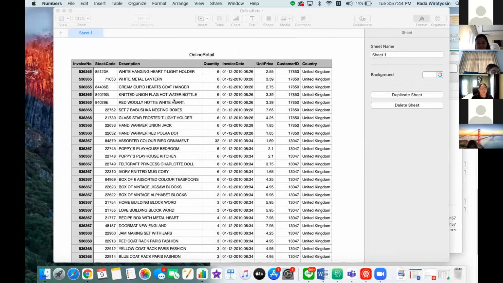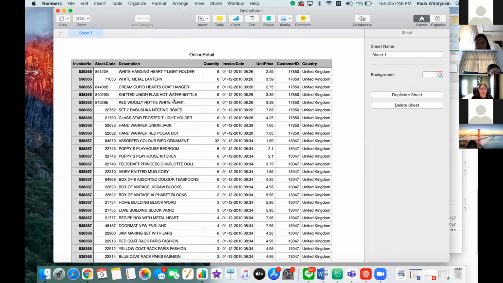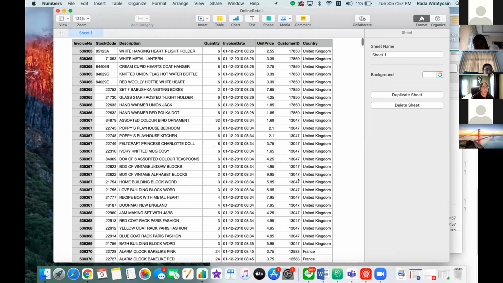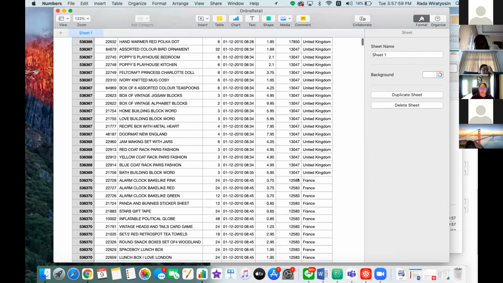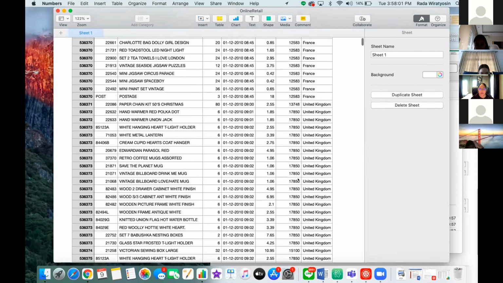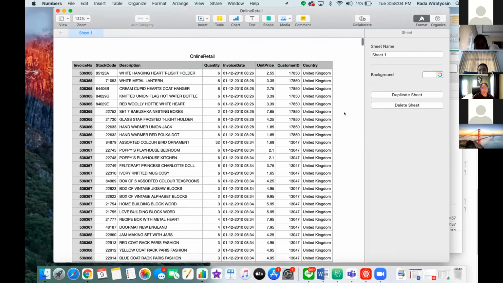So my data is from online stores on what they sell from 2010 to 2011, with customers from different countries, like the UK, France, and other countries.